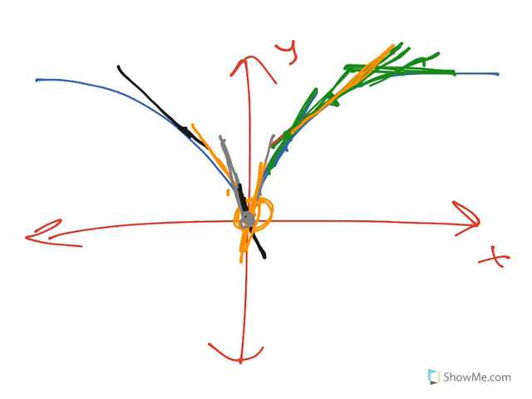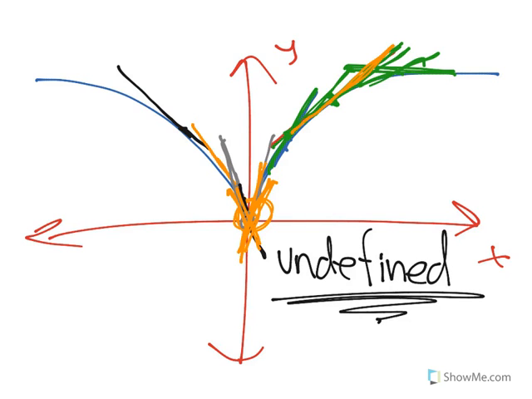However, at this sharp point, if you approach it from the right, you get a very different tangent line than if you approach it from the left. That means that the slope there is undefined.